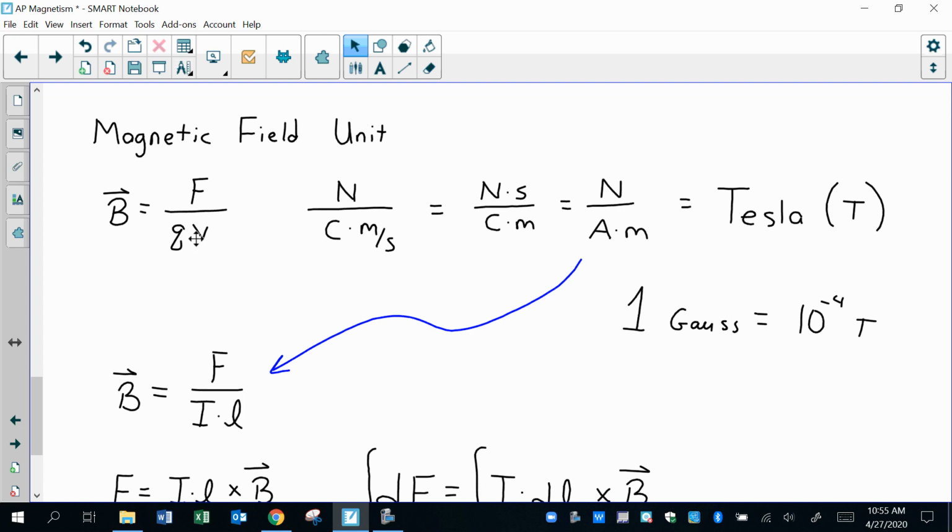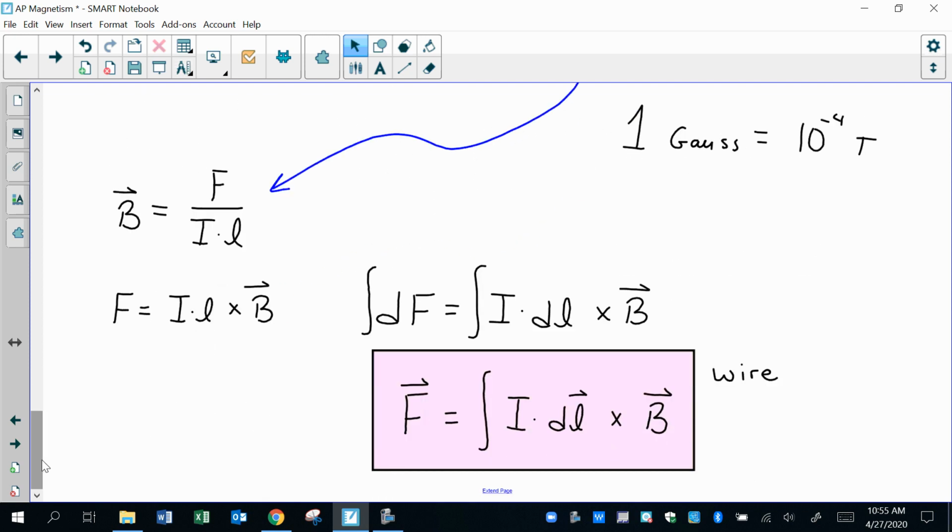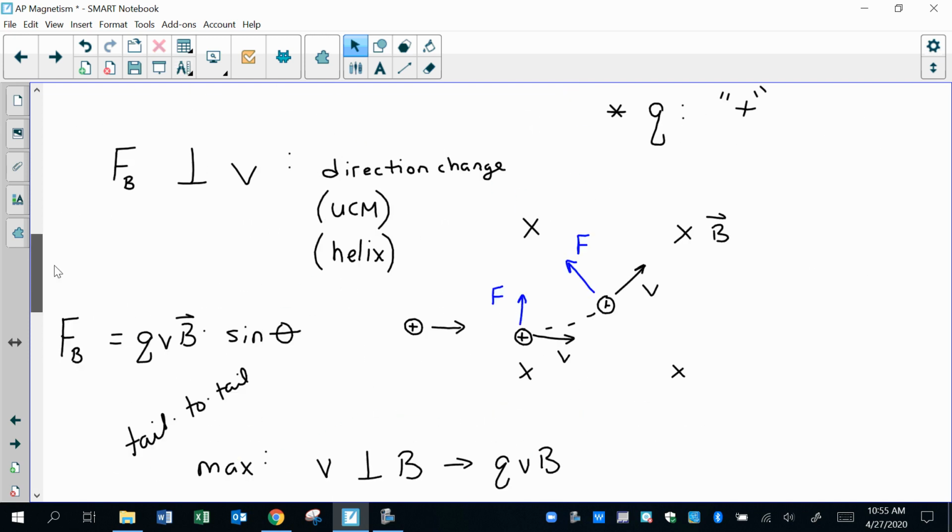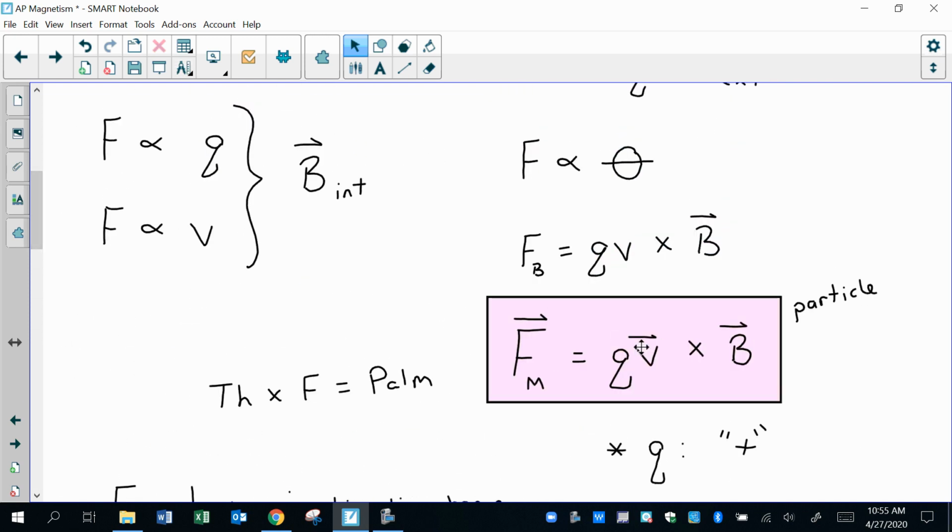So if I take QV and change into I and L, what we get here is the force felt by a current carrying wire. So instead of a single particle being moved, you now have a line of charge moving along. So why isn't it just IL cross B? Well, our wire can be twisted and bent so that there are different directions. Your individual particle has one single velocity, one single direction at one single moment.